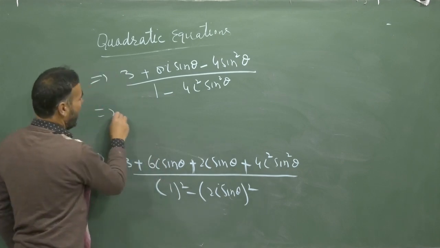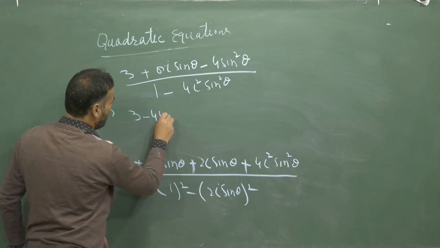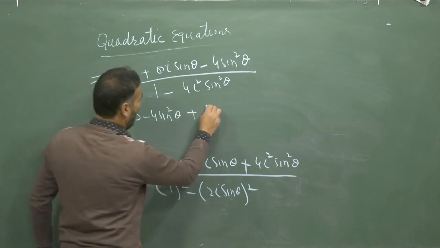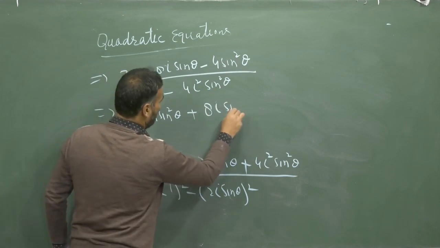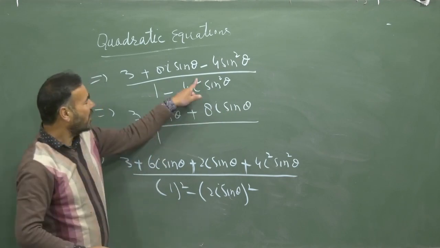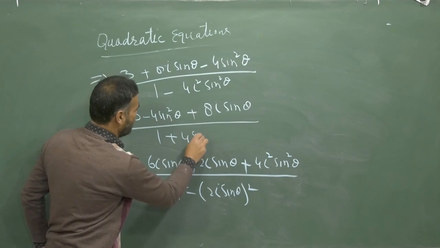That indicates that it will be 3 minus 4 sin square theta plus 8i sin theta, whole divided by 1 minus i square, which is negative 1, minus minus, it will be plus 4 sin square theta.